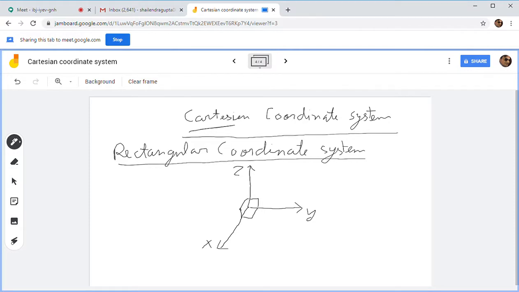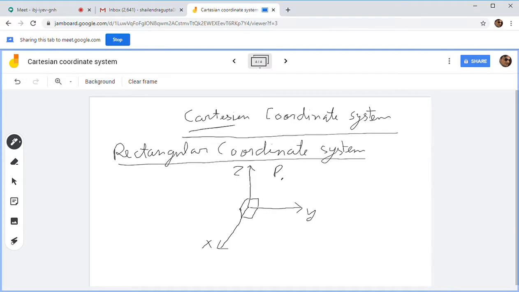If you want to define a point P, we can define it by how much P is along each of these axes. By these axes we understand that only in these directions we can move.